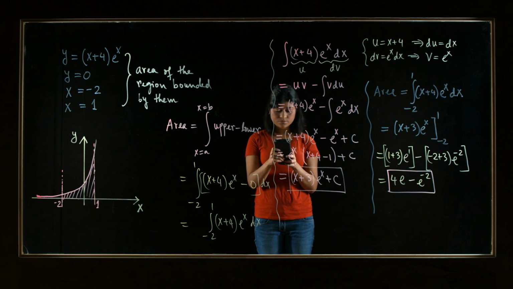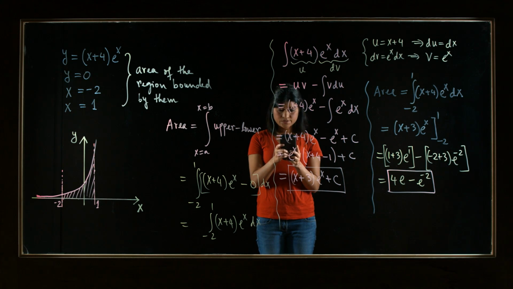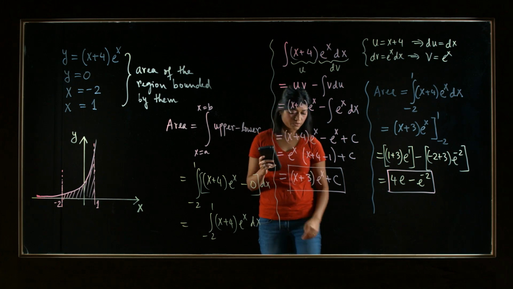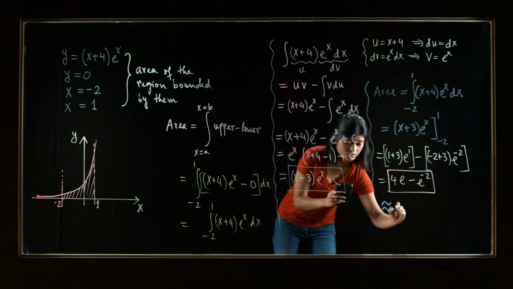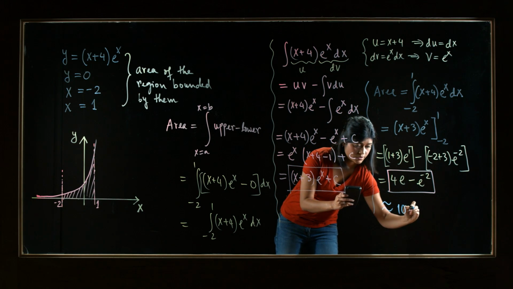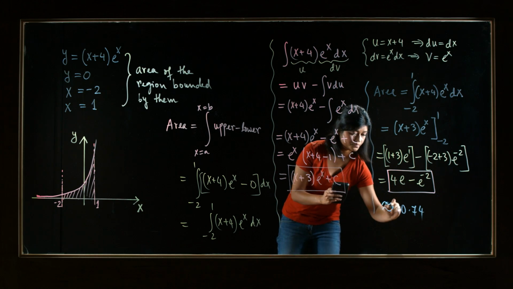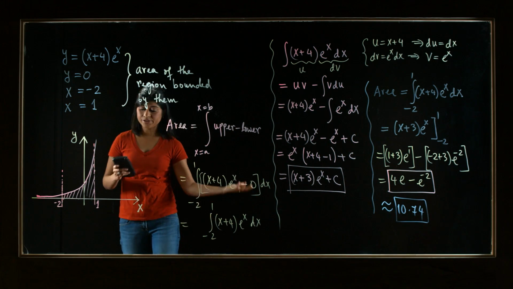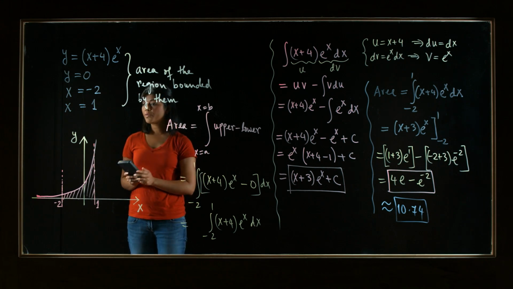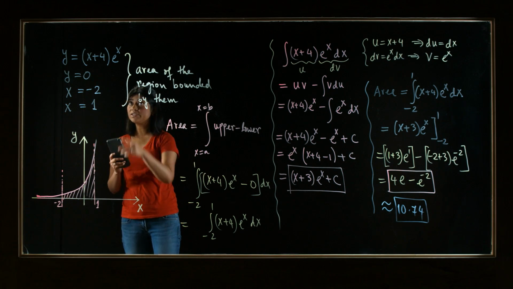Four times e to the power 1 minus e to the power -2 is approximately 10.74. That many units.